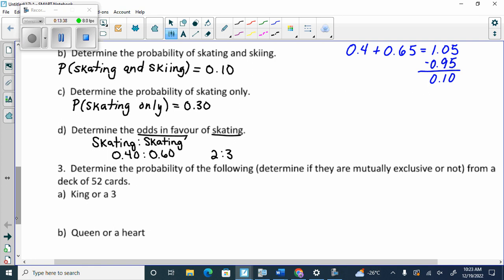I'm choosing one card. Determine the probability. Okay, I'm choosing one card, one card and the word or.